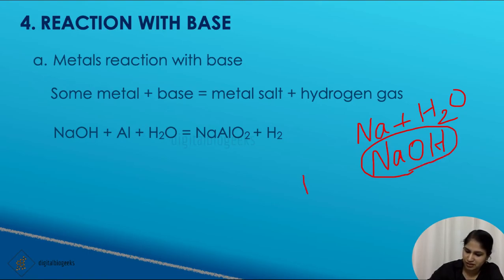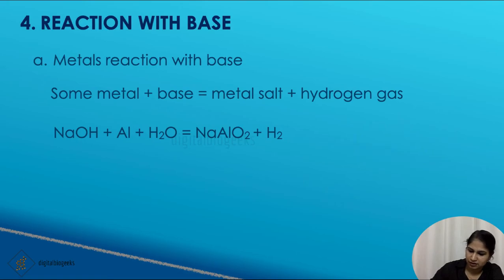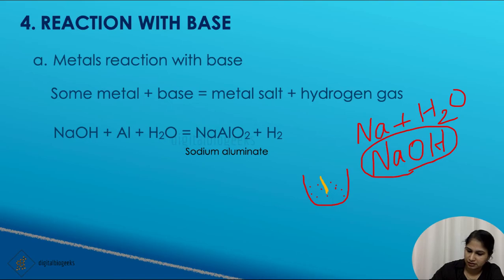If we take this sodium hydroxide solution and put an aluminium foil in it, then what happens? The reaction happens, and if we keep a burning matchstick over that, we can hear a pop sound here also.